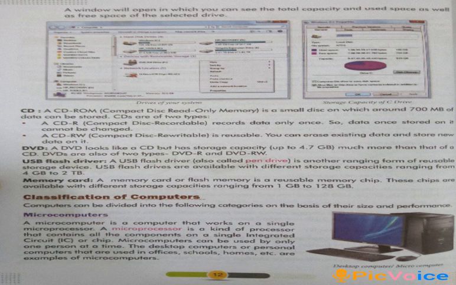USB flash drive, also called pen drive, is another form of reusable storage device. USB flash drives are available with different storage capacities ranging from 4 GB to 2 TB.